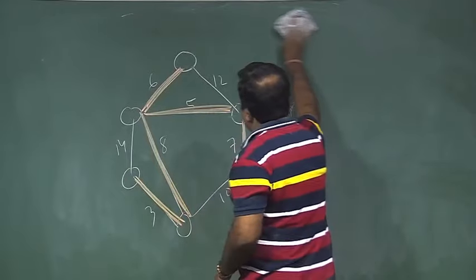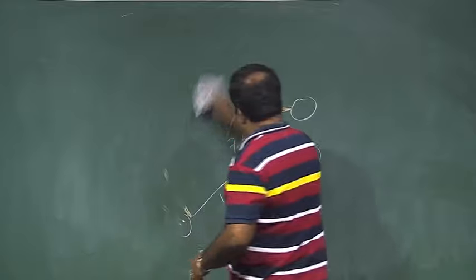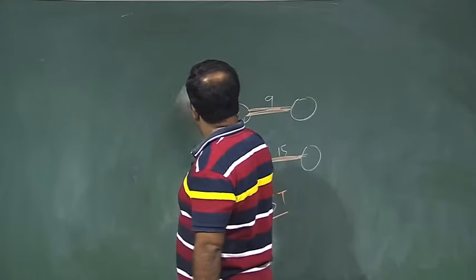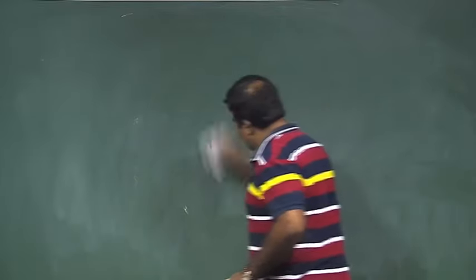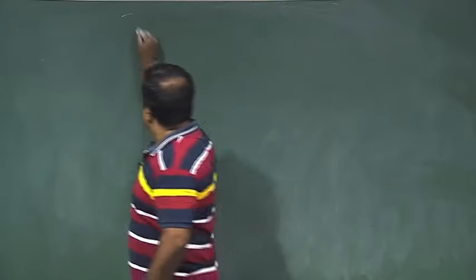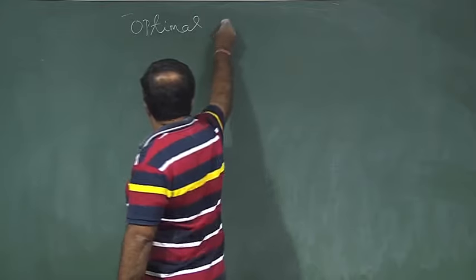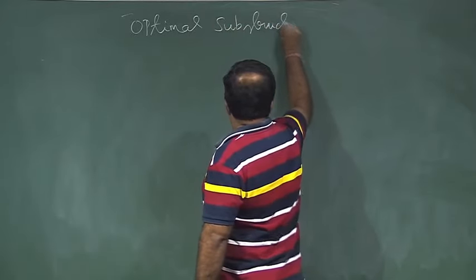One is optimal substructure. If we need it, we will come back to this graph. So, whether we have this hallmark, optimal substructure.